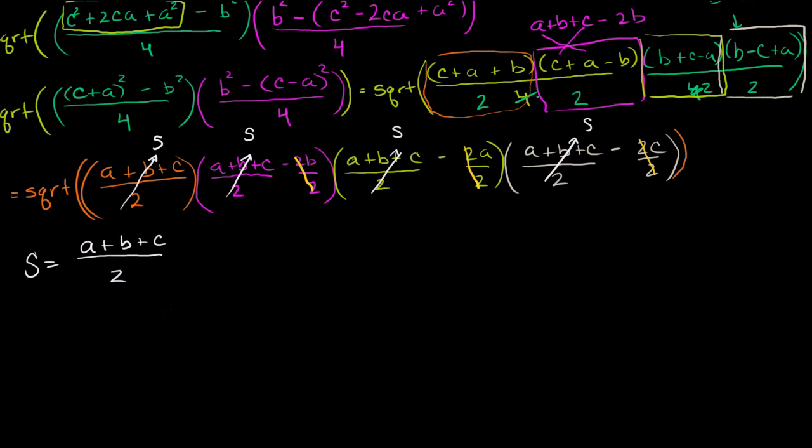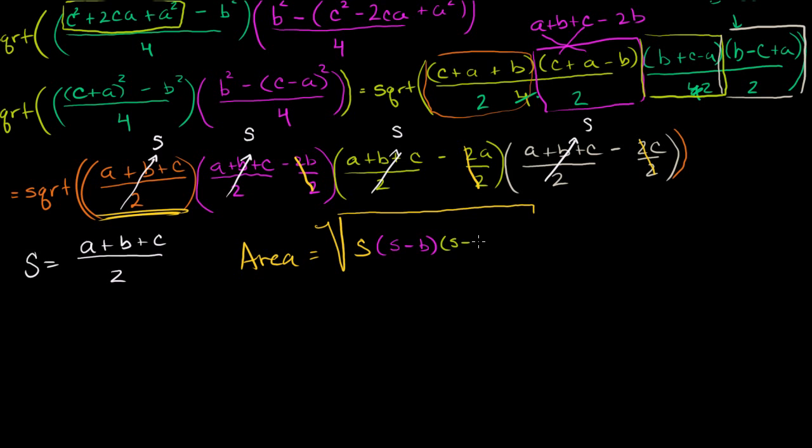So this whole equation for our area now becomes, our area is now equal to, I'll rewrite the radical, the square root of s, times, I'll do it in the same colors, s minus b, times s minus a, times, and we're at the last one, s minus c.